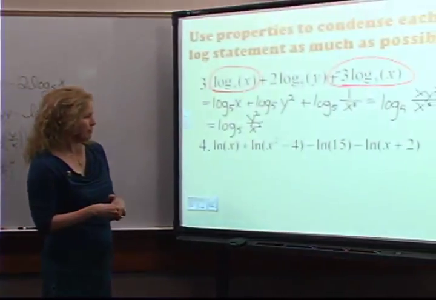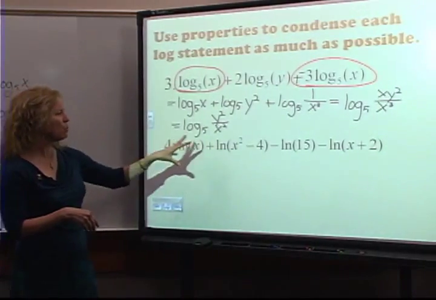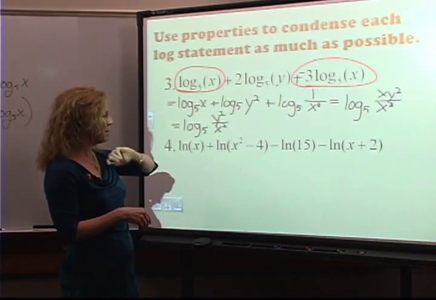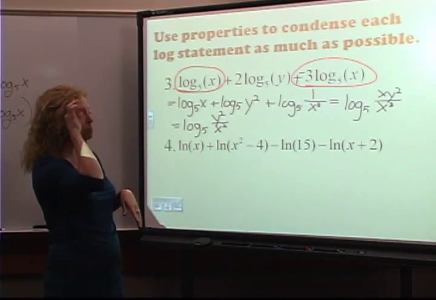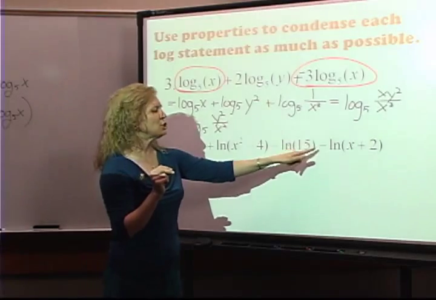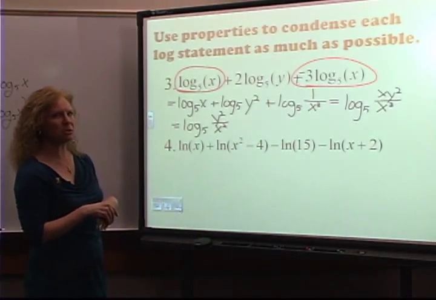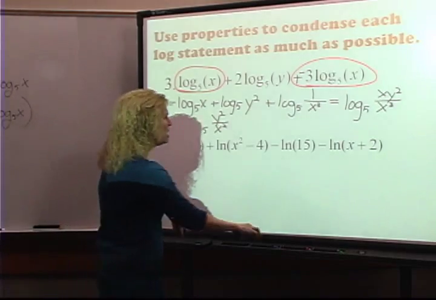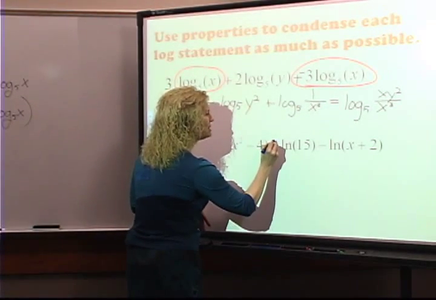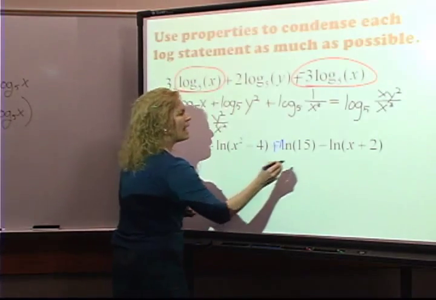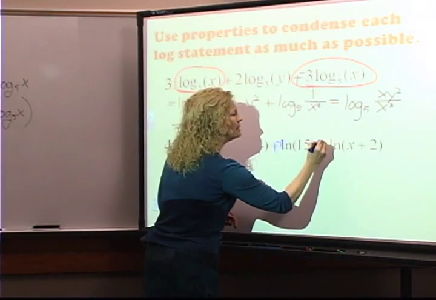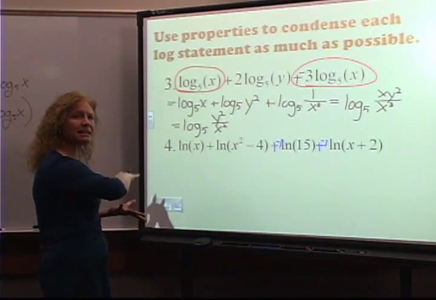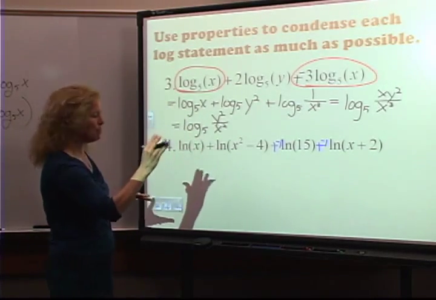Number 4. Again, because I see 4 of these, and I think you would have handled the subtraction okay up there, even if I hadn't changed it into a plus negative. But when you get 2 or more of them, that's when students really start to get uncomfortable. So let's change this to plus negative 1 times and plus negative 1 times. And the reason I'm doing that is so that I take up both of those as exponents.